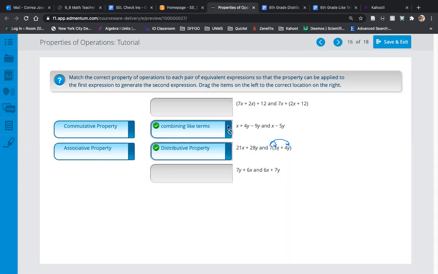That is combining like terms, right? The reason we know that it's combining like terms is I see, okay, so 4y minus 9y, and on the right-hand side, I still have the x here, but they took together this 4y minus 9y, and now they have a minus 5y. So they combined our y's together, right?